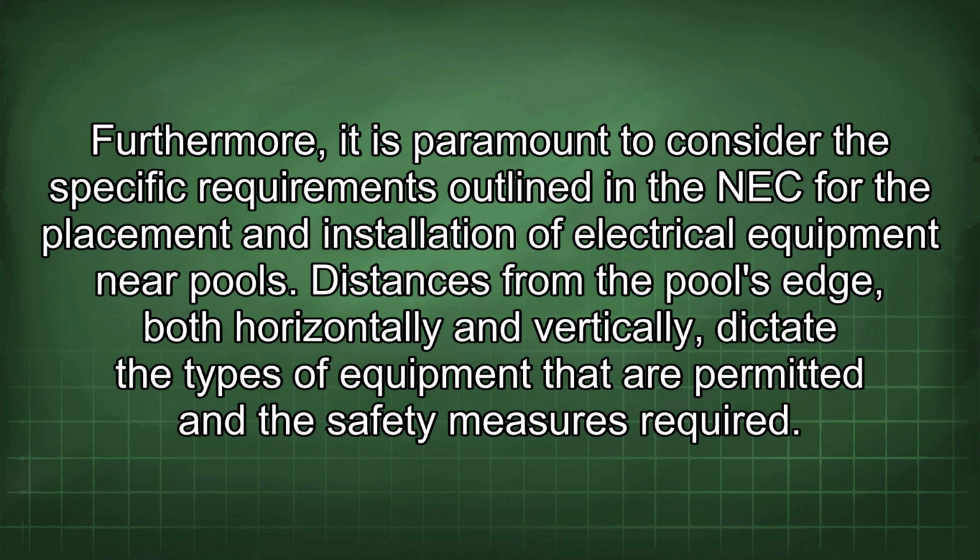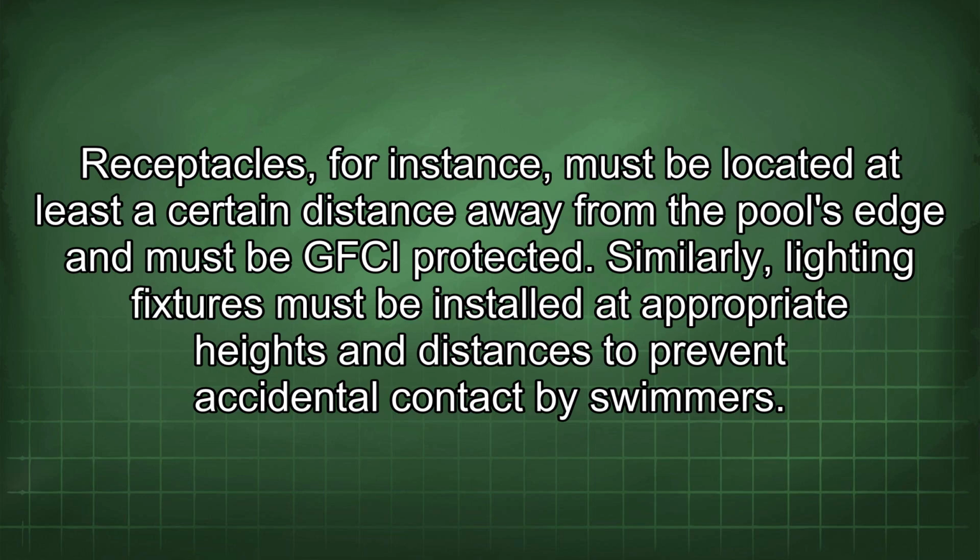Furthermore, it is paramount to consider the specific requirements outlined in the NEC for the placement and installation of electrical equipment near pools. Distances from the pool's edge, both horizontally and vertically, dictate the types of equipment that are permitted and the safety measures required. Receptacles, for instance, must be located at least a certain distance away from the pool's edge and must be GFCI protected.